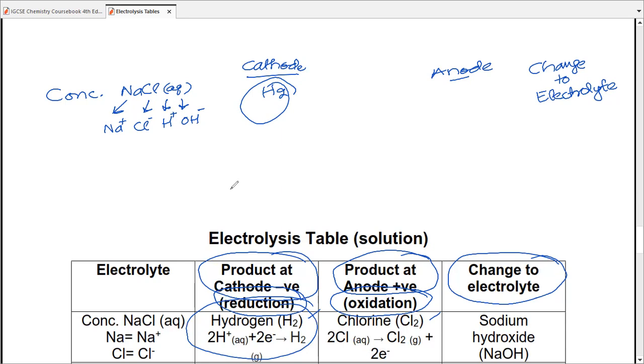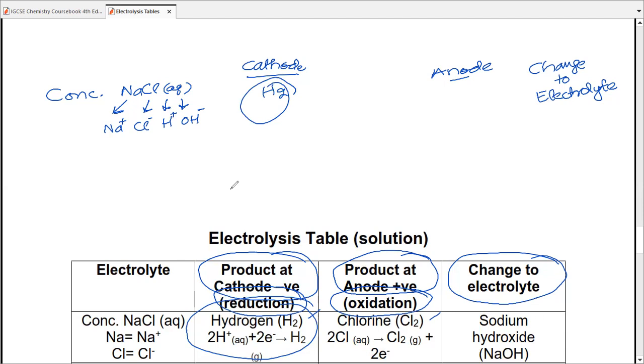Moving on. Next question, same as the previous one. Why do you think the product at anode is chlorine gas? What was the tip?